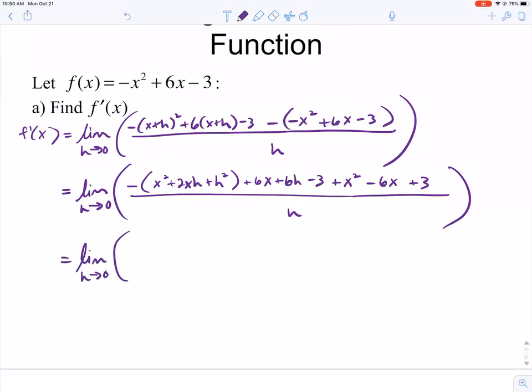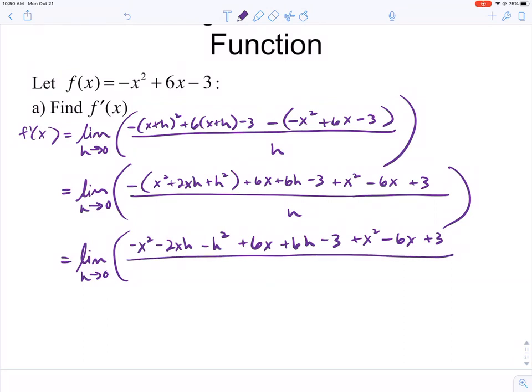So this is also good algebra practice. All right, and the best part, seeing what cancels.